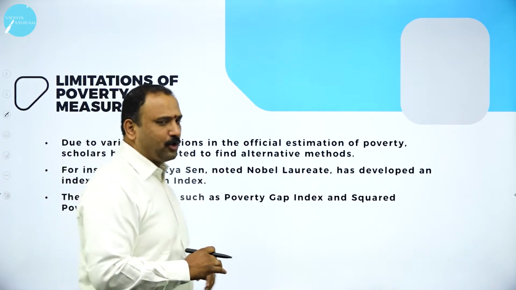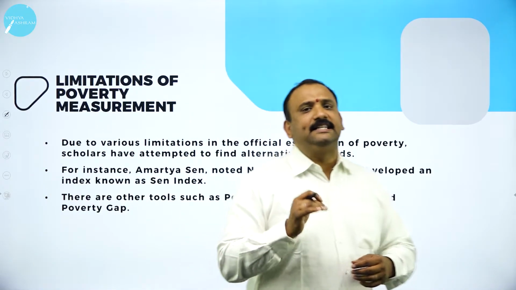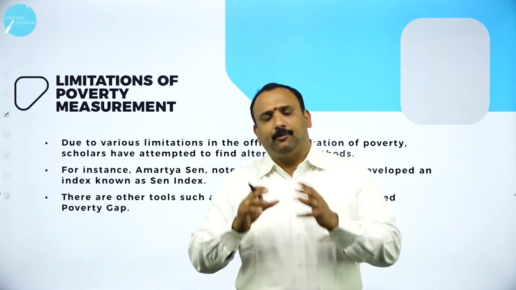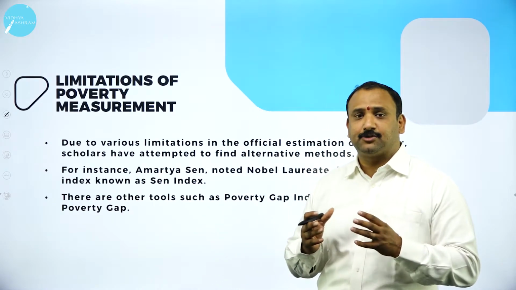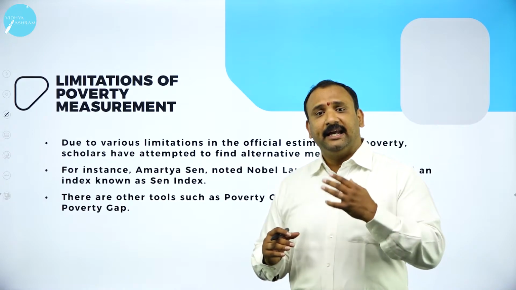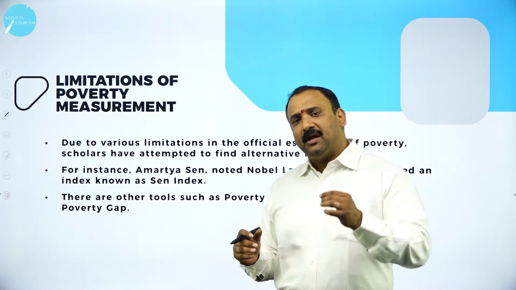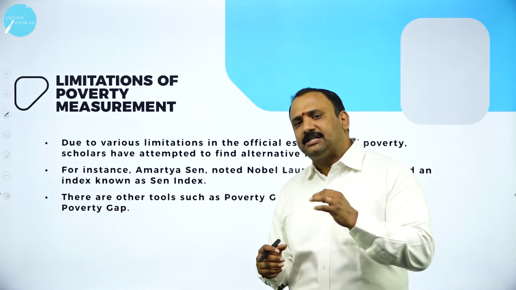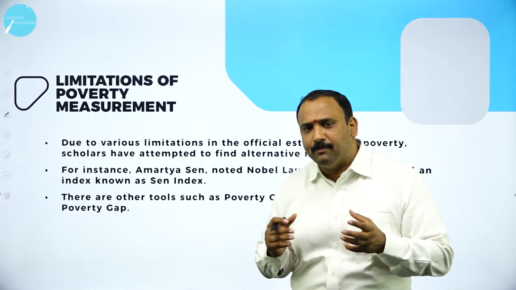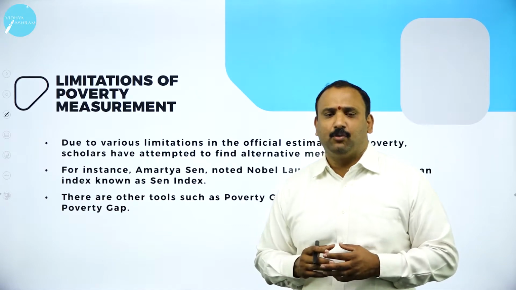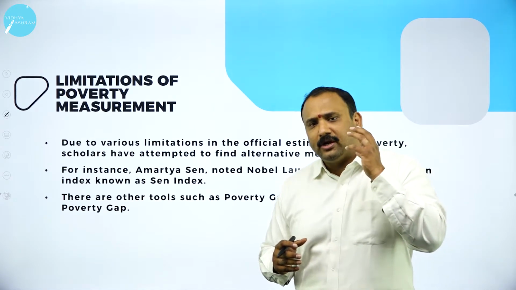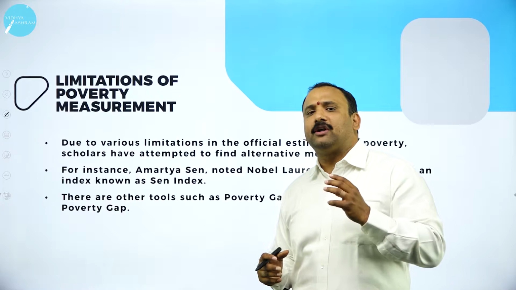The limitations of poverty. Poverty itself is a very big topic, a very big concern for every nation, and that's what we have been trying to understand in each and every session of this lesson. Now, the measurement of poverty has its own limitations. We are not able to measure as and when we want. There are a lot of challenges and factors limiting the concept of poverty.